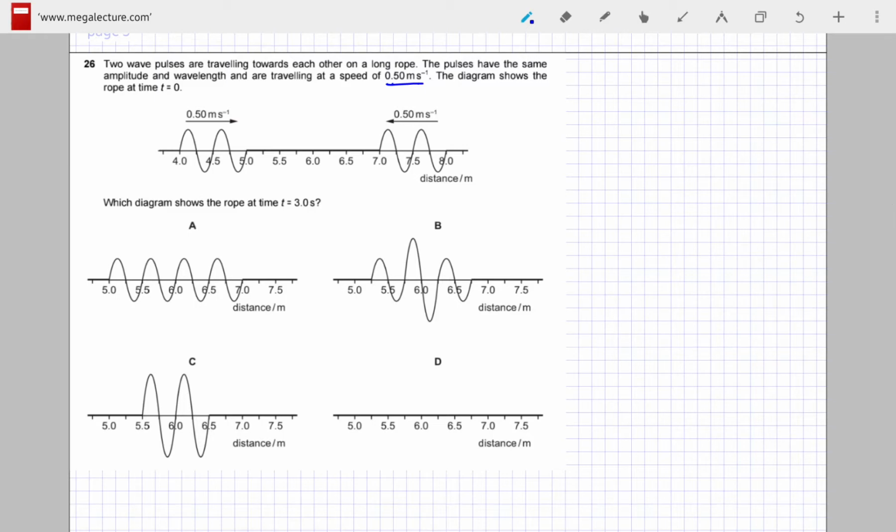Well, at t equals 3 seconds, both waves from the right and left will travel in their directions, and the crests and the troughs will meet, causing a type of interference which is known as constructive interference, and therefore that wave looks like a wave in diagram C. So the correct option is C.